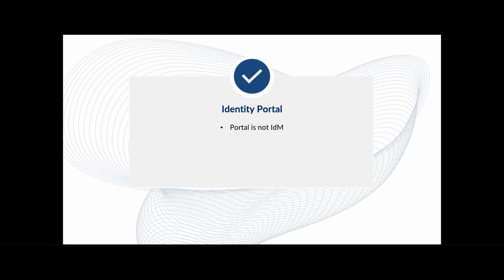So what we like to do is leverage that rich portfolio of policy expressions and identity policies and all these things that are within Identity Manager with the portal, right? But there are going to be some exceptions.